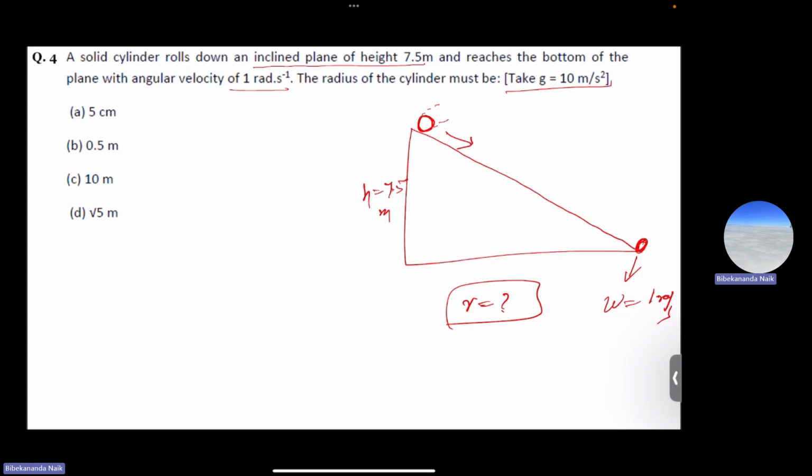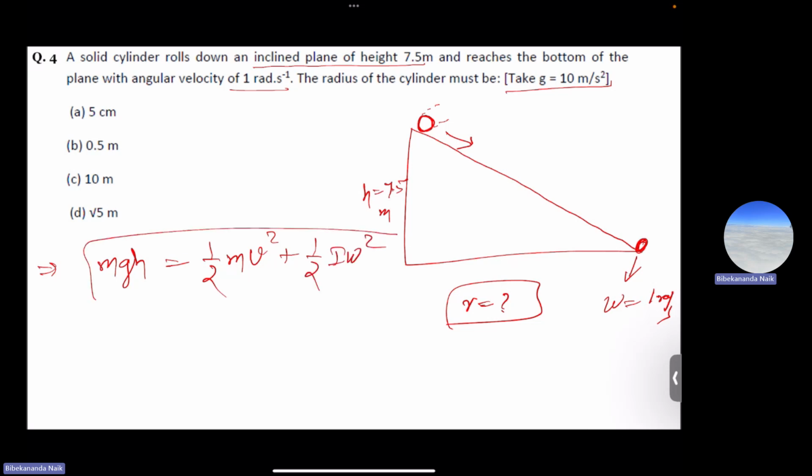So let's solve the question. Again we can write the condition. It is mgh equals half mv square plus half I omega square.